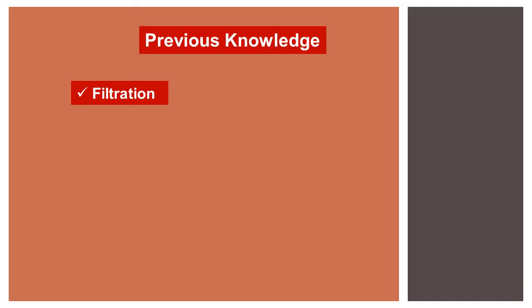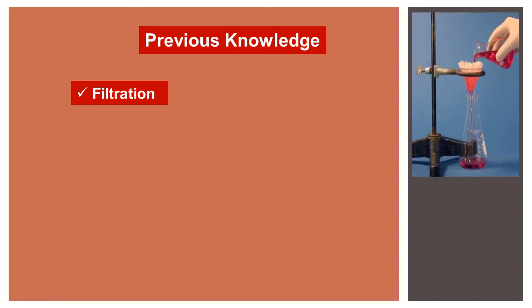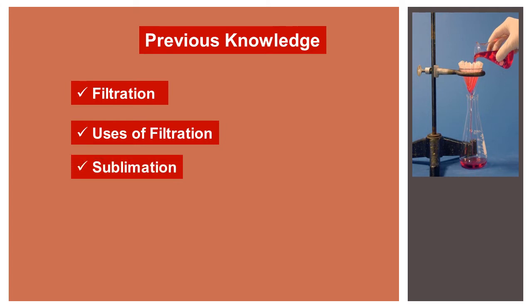A strainer or a filter paper may be used for the isolation or separation of insoluble impurities. Then we discussed the daily life applications or general uses of filtration, and then sublimation, that was a specific technique to separate solid particles from solids.